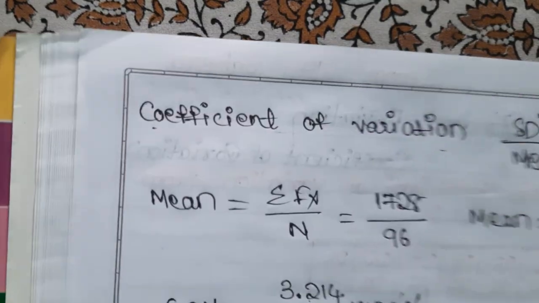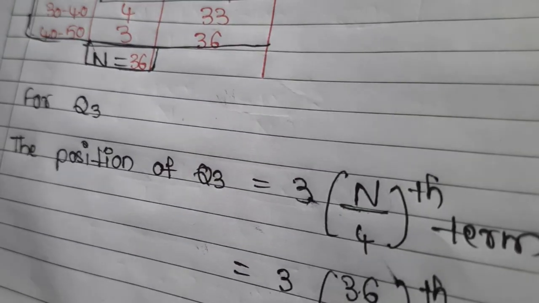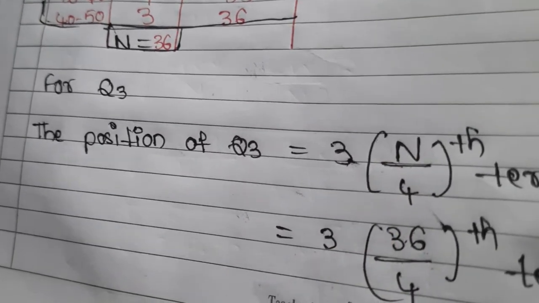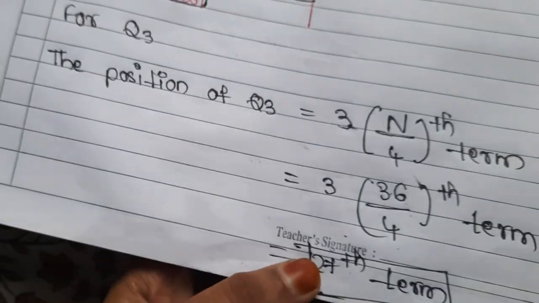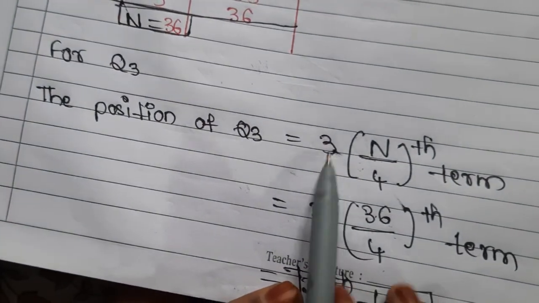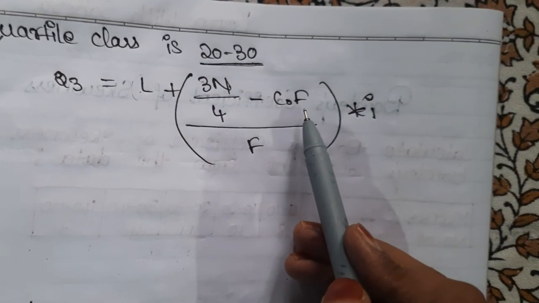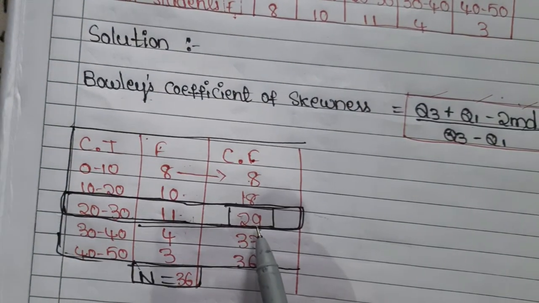3n by 4, we have already found. How much was it? 3n by 4 is nothing but the position of Q3. The position of Q3, 3n by 4, is 27. So we need to take 27 here. Then cumulative frequency. Here we will not take this one, 29.